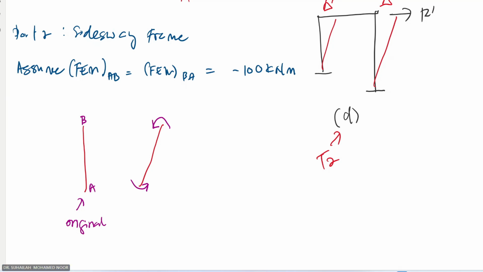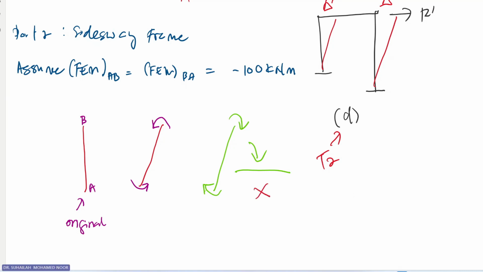Because what happens if we put the moment in this direction, clockwise? We push this green line to this position, which is not possible.